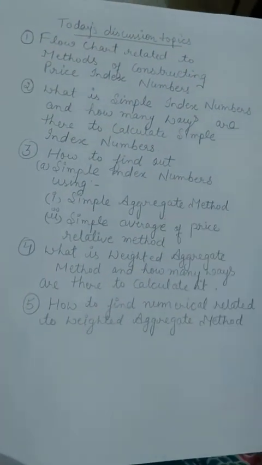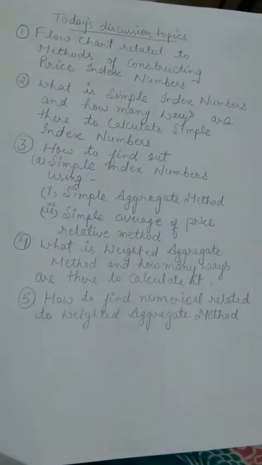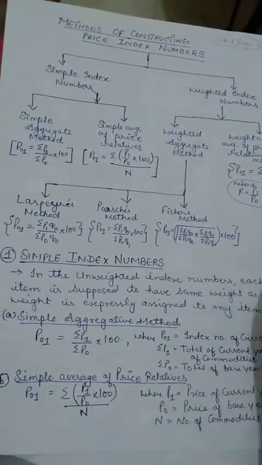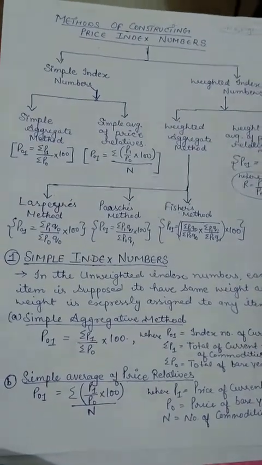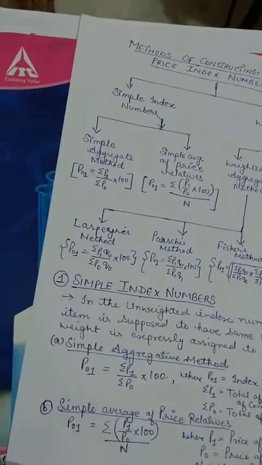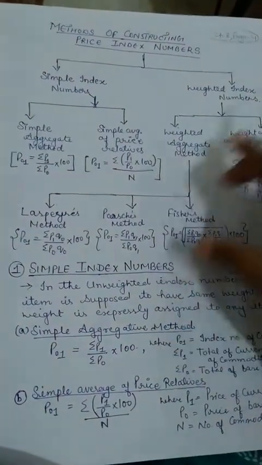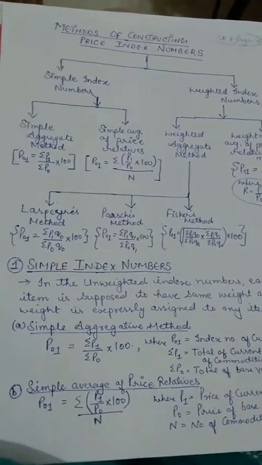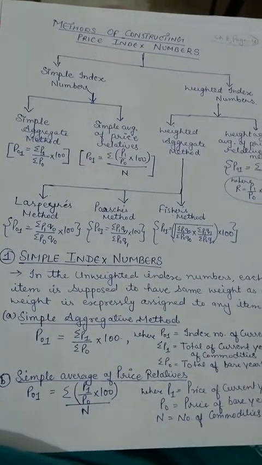Now, let's have a look on this page. On this page, we are dealing with your first topic, that is the flowchart related to methods of constructing price index number.